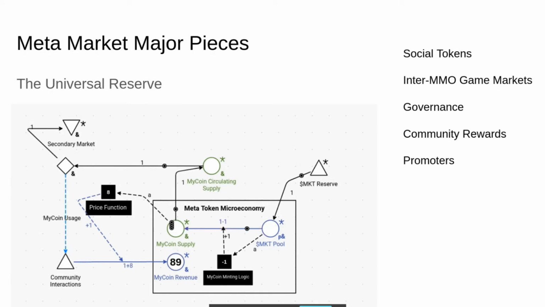This token could be distributed to governance for, say, a select group of people to have decision-making rights on which articles get in, right? It can also be used for community rewards, depending on what type of behaviors you want to see in your community, or even create promotional deals where promoters submit proofs in return for this MyCoin supply. They can later be exchanged for MKT or any other token through secondary markets that we also facilitate the creation of as well.